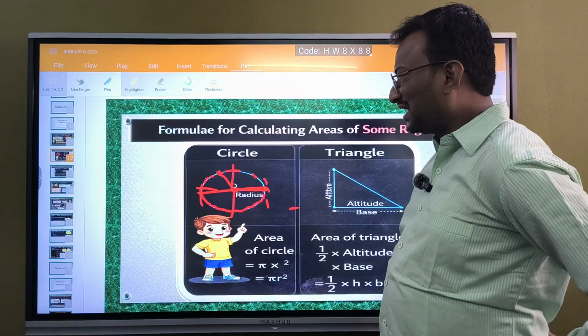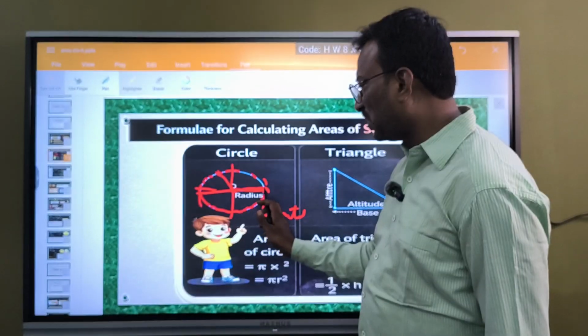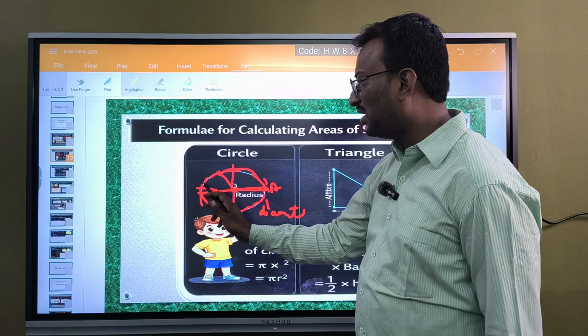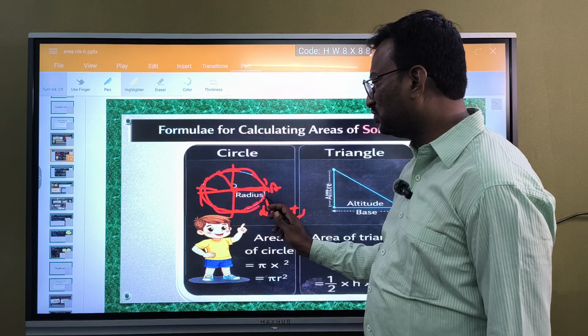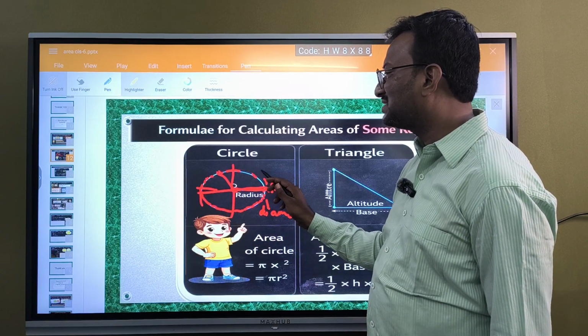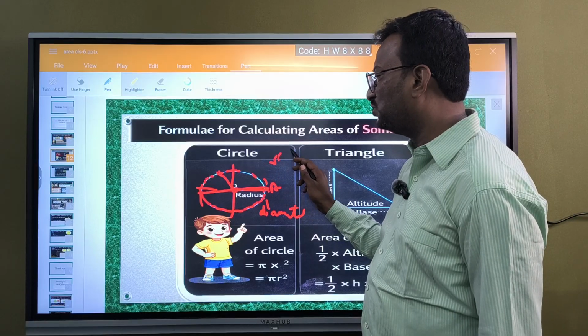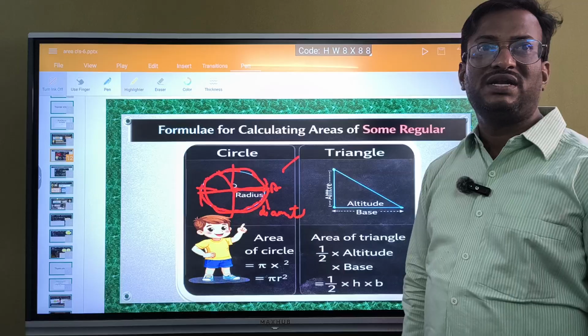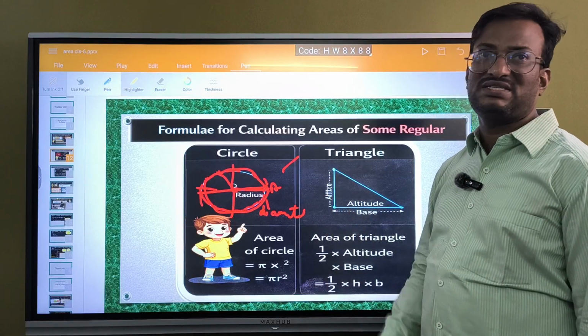And the circumference: if you start from point A and go on moving around the circle, this total distance we call the circumference. Circumference.